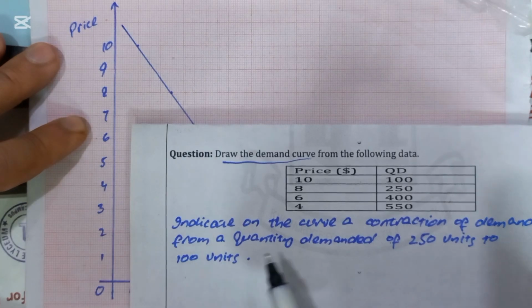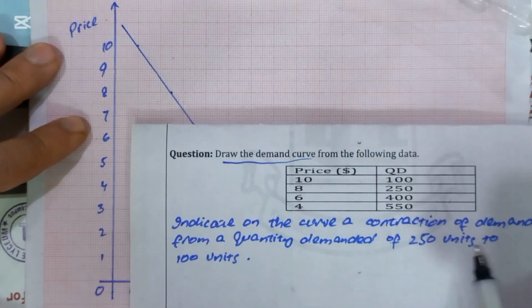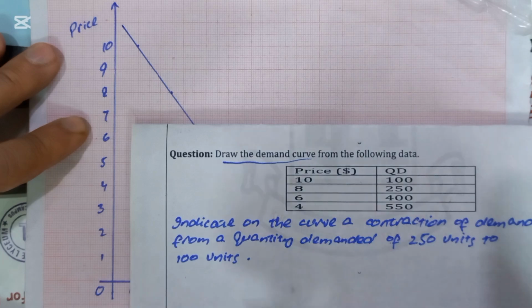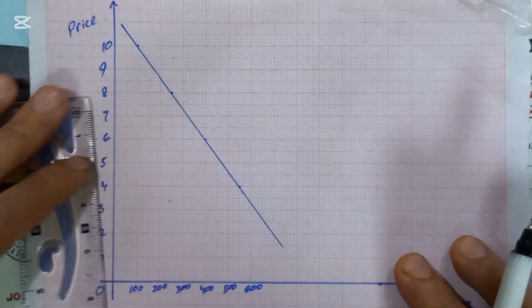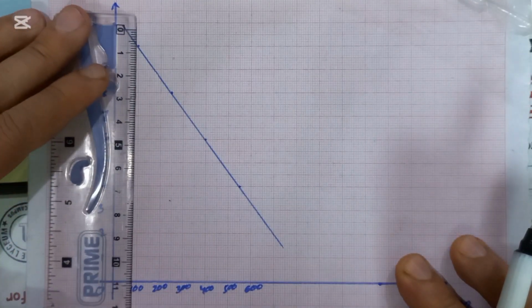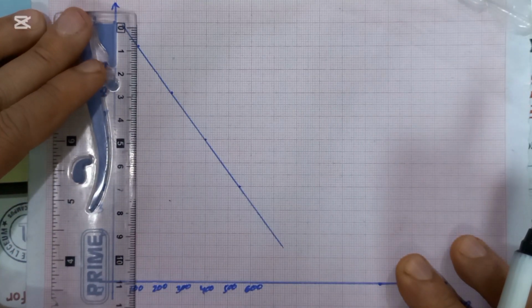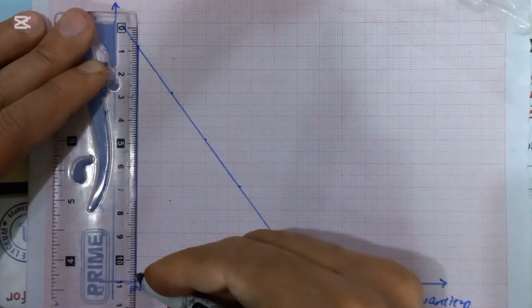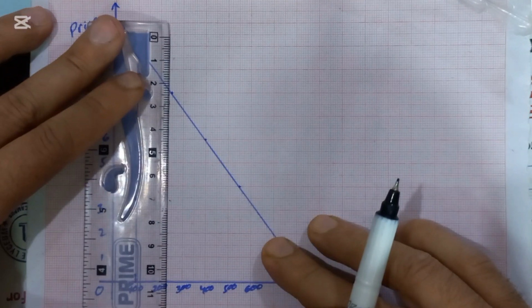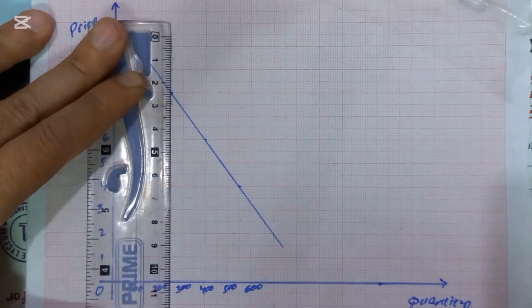The next requirement is to indicate on the curve a contraction of the demand from a quantity demanded of 250 units to 100 units. Okay beta, here are 100 units and here are 250 units.